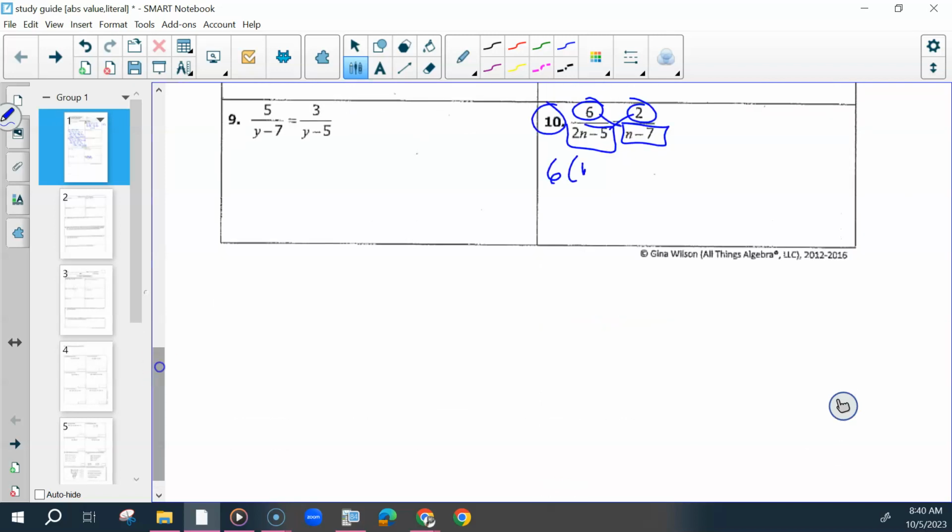So we have 6 times n minus 7 equals 2 times 2n minus 5. Whether you put the 6 times all of this on the right or the left doesn't matter. Then we can start to simplify. Distribute 6n minus 42 equals 4n minus 10.